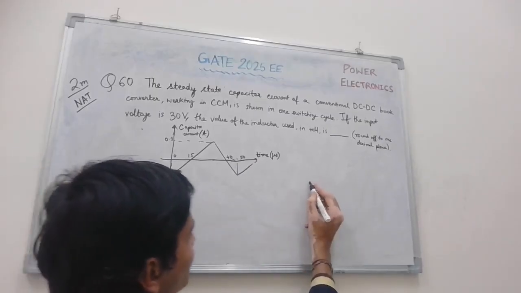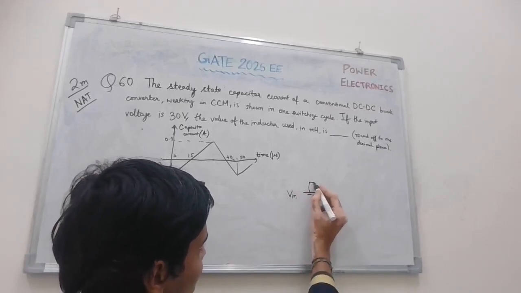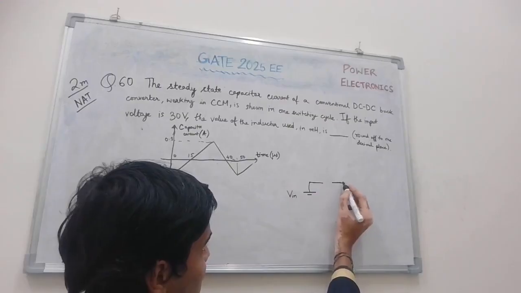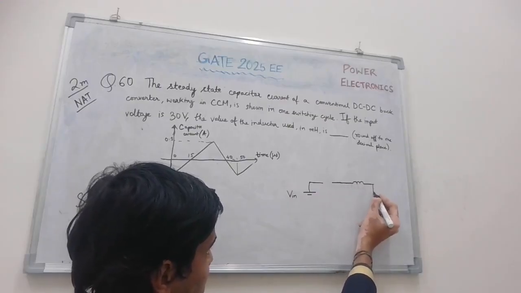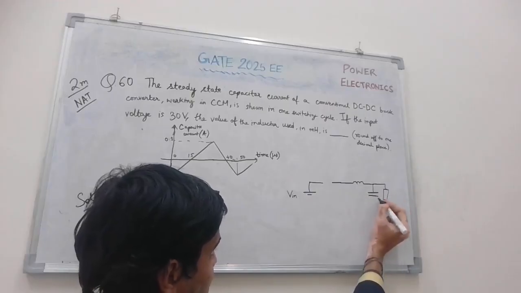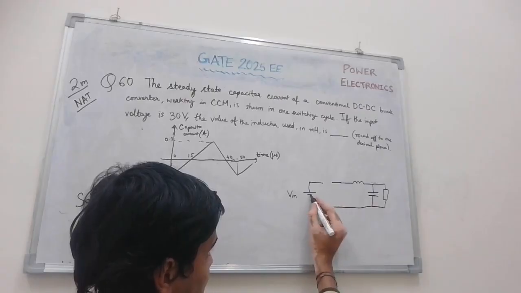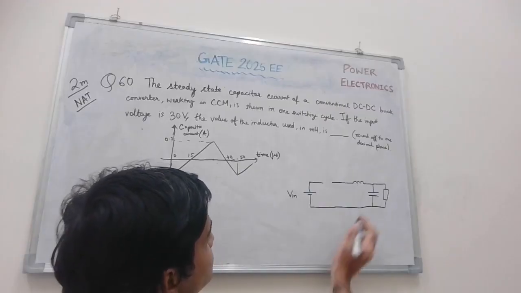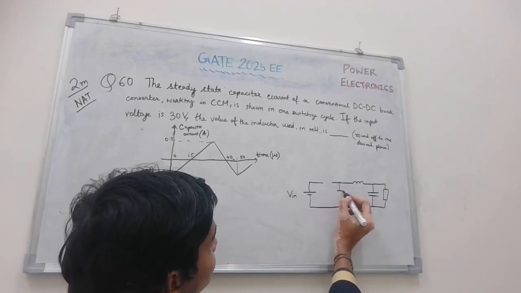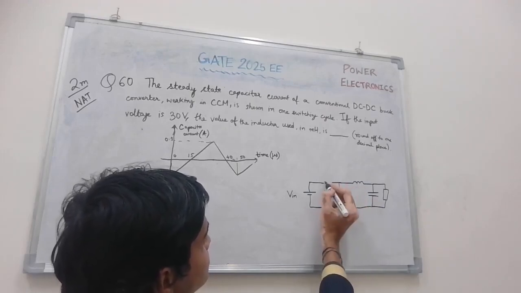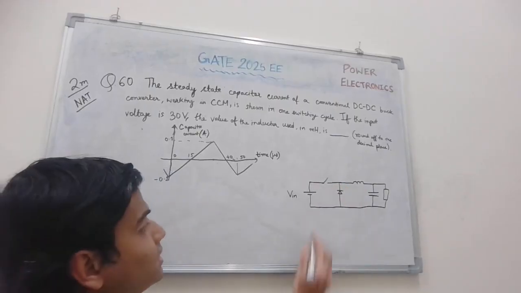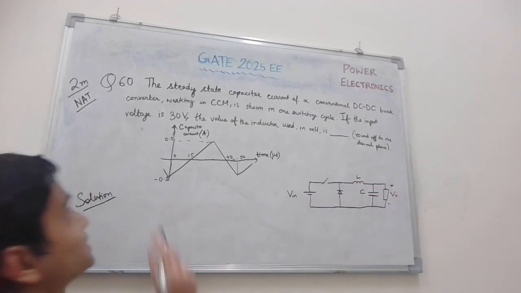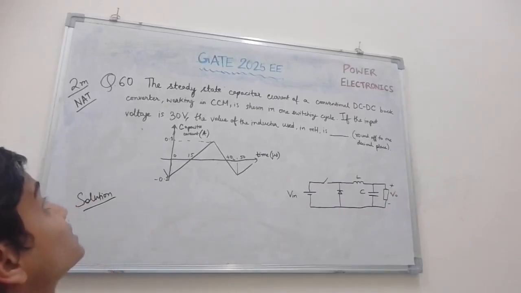Let's draw a buck converter. This is the conventional DC buck converter operating in continuous conduction mode.